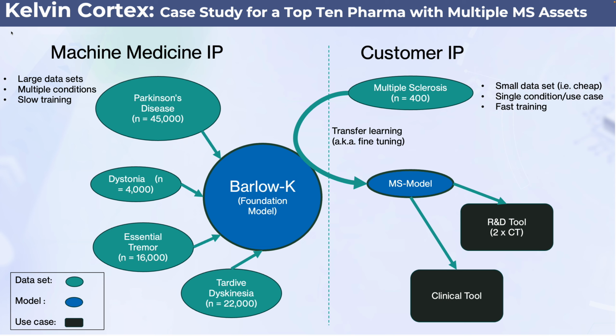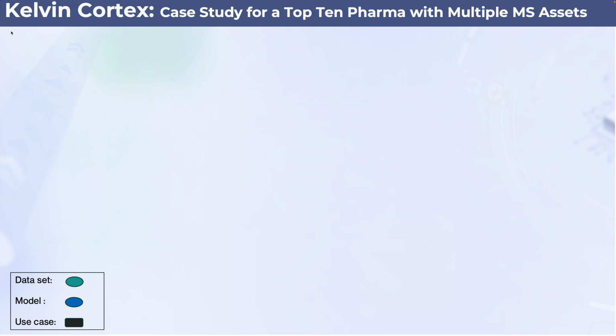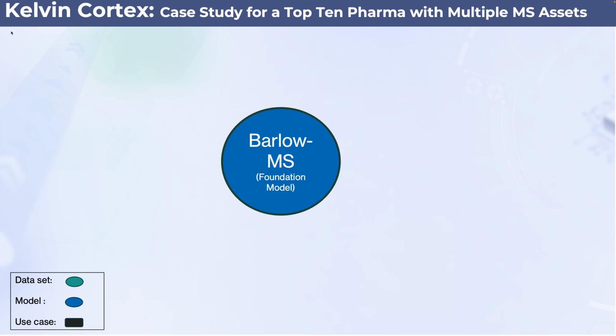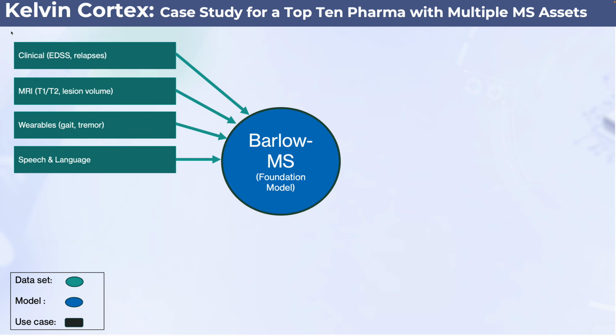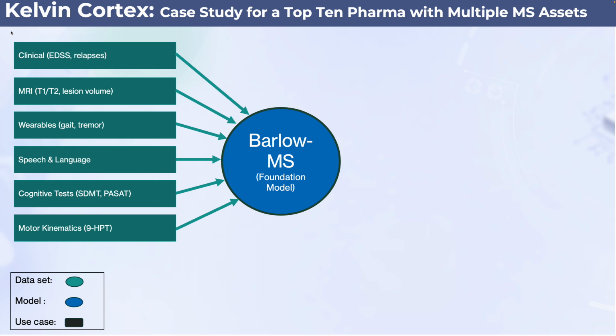Things get even more interesting when we look at the next stage of development, which is to develop Barlow MS, whereby we take not just kinematic data, but all sorts of other clinical data, say medical history, imaging data, wearable data, speech and language data, cognitive data from tests or other relevant information, and then of course the kinematic data that we've been developing with the customer ourselves.